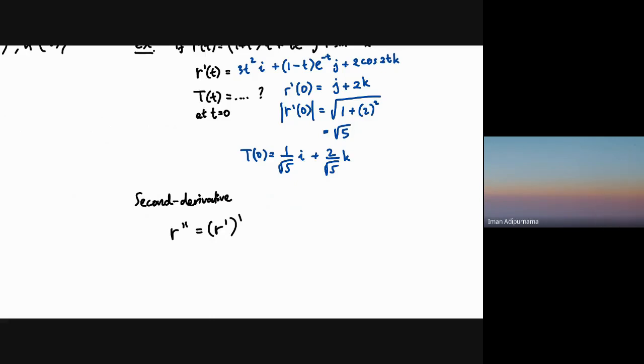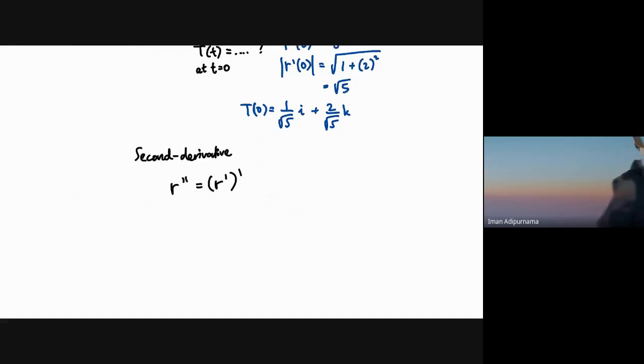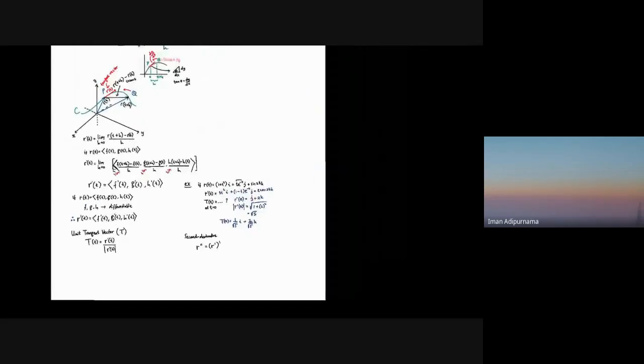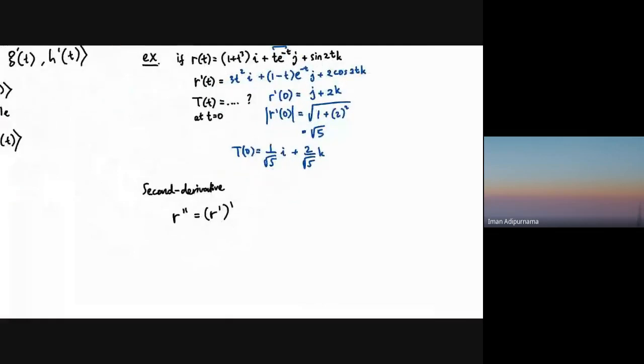Okay. So it's similar to what we have done also in Calculus 1.